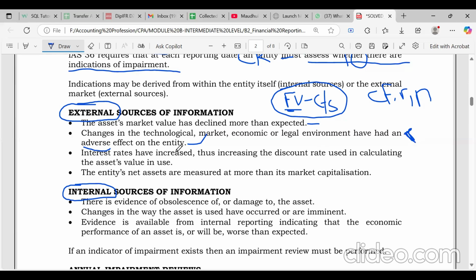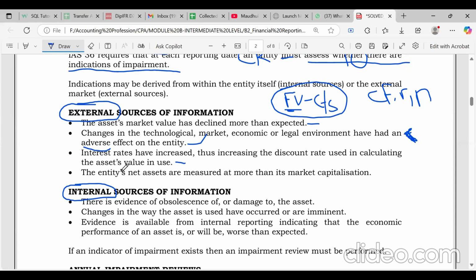So if interest rates have increased, it means that the discount rate would also increase. The cost of capital would go up. If the cost of capital goes up, it means the discount rate would be higher. If you discount so much, your cash flows would be decreased much more than originally expected, right? So it would also be an indicator.